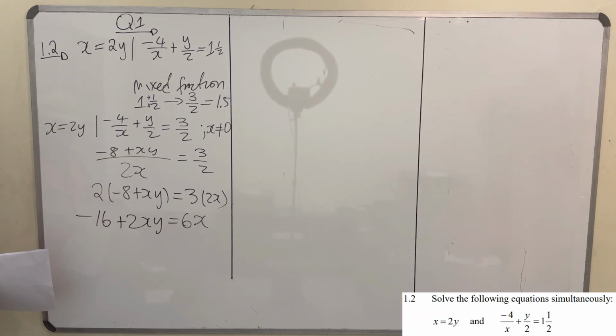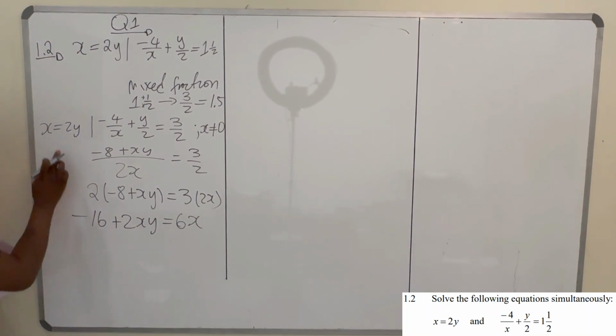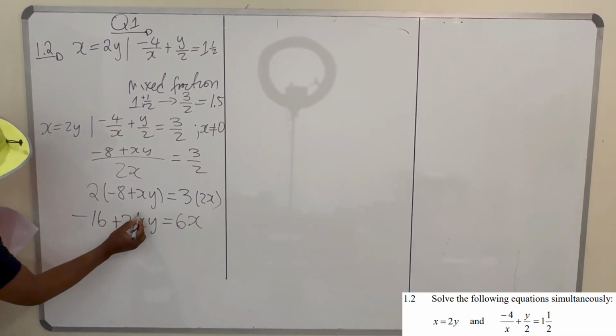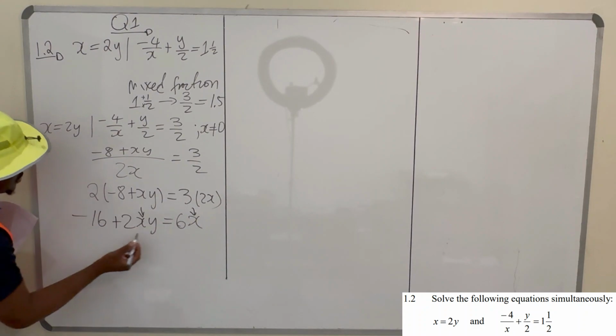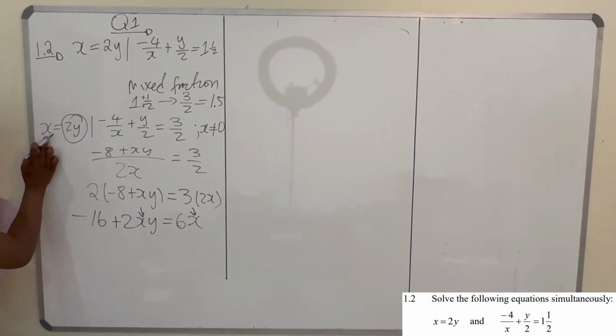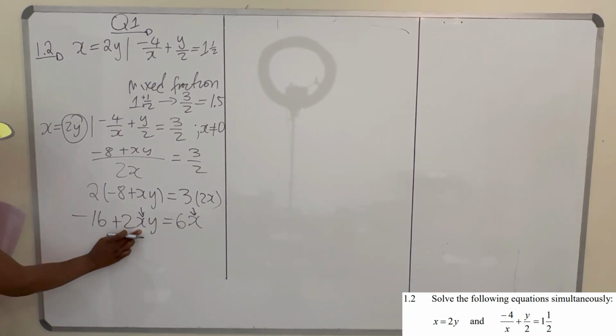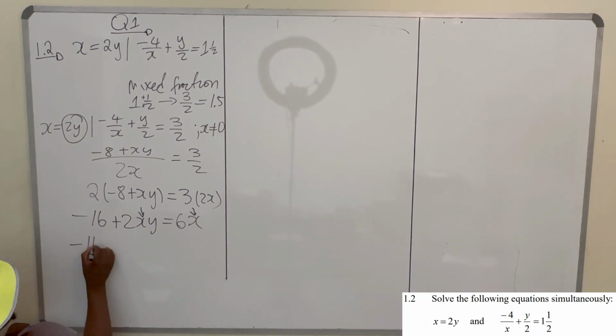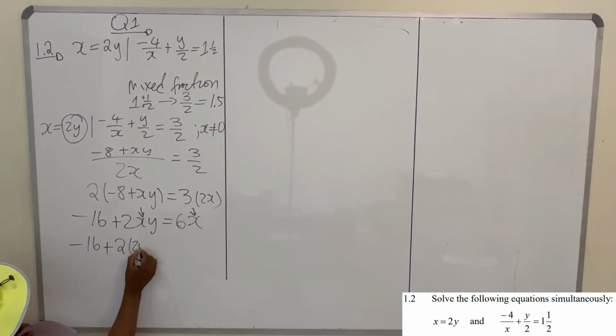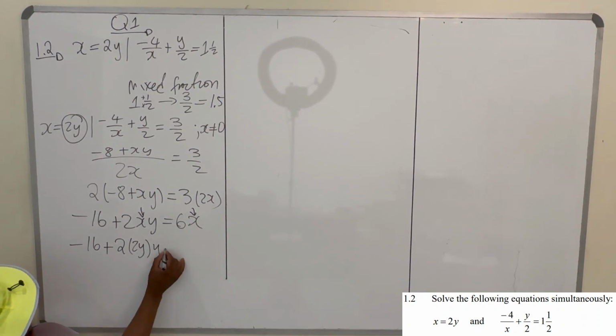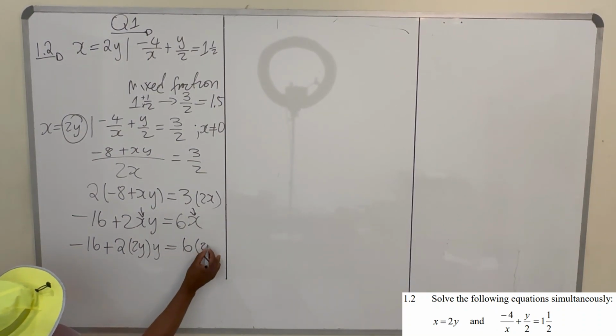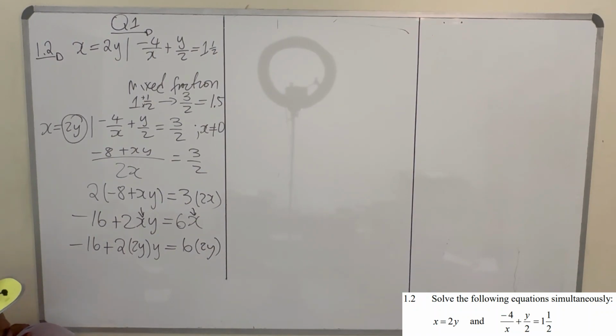Yes. And now once you are here, we substitute this equation into x here and x there, because your x is equal to 2y. So when we see x here, we'll put 2y, right? Yes. So we have minus 16 plus 2 times 2y times y is equal to 6 times 2y. Are you with me? Yes.